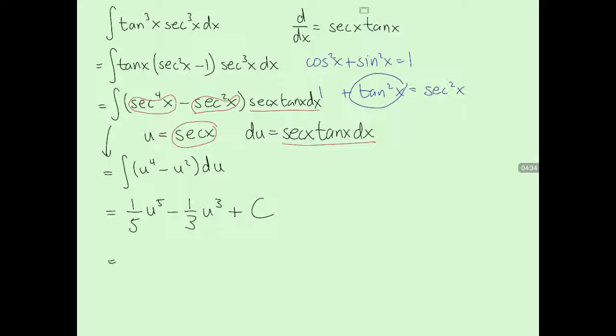And now don't forget to substitute back our original variable, which is x. So our final answer is 1 over 5 secant to the 5th x minus 1 over 3 secant cubed x plus c.